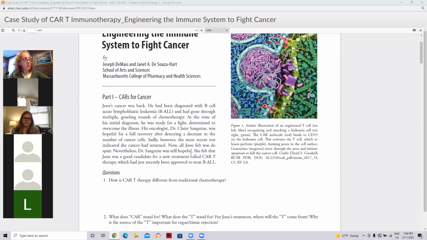The second round of chemo would go better because of the memory cells, or whatever. That's a possibility. What would the memory cells be against? Help me out here. What do you think are the memory cells in that case?